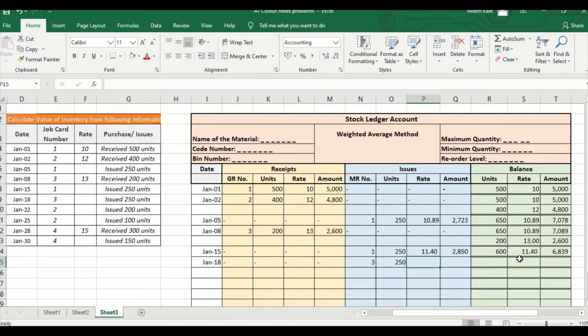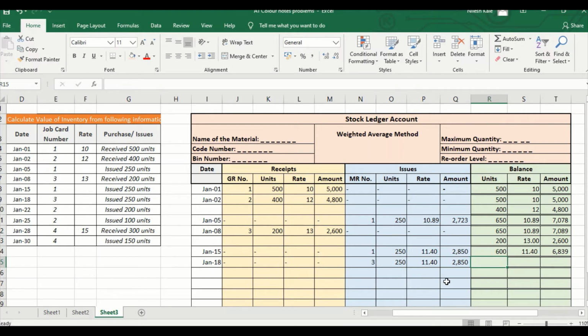There is only one balance here, 11.40. So I need not calculate the total of anything. So I'm directly using this 11.40 here. 250 into 11.40. 2850. Yes, that is what I have got.